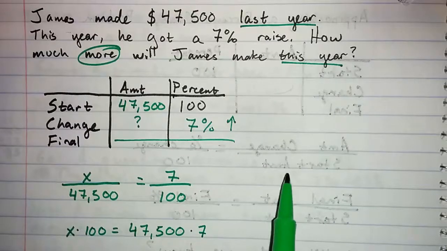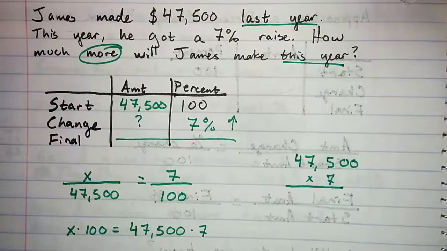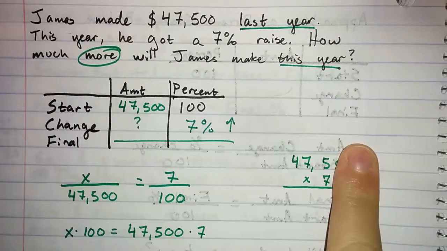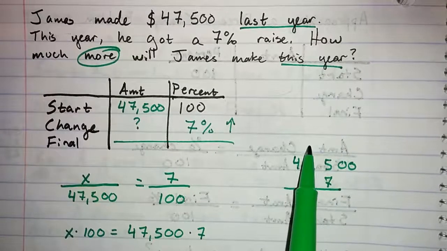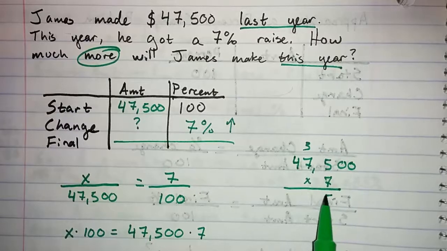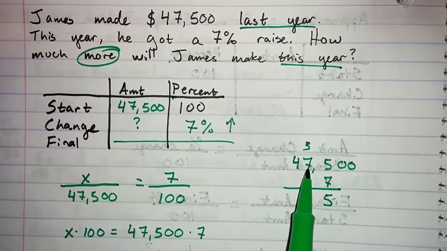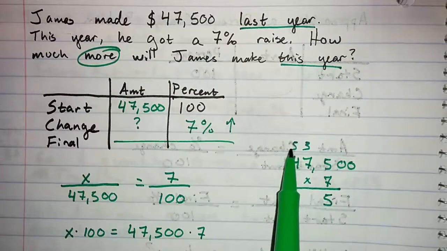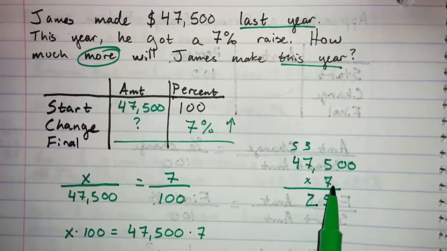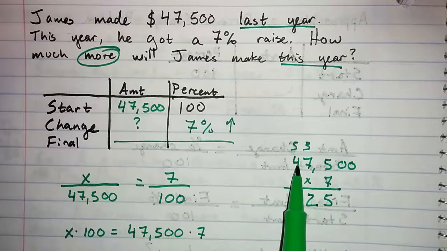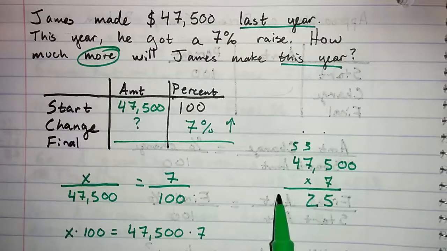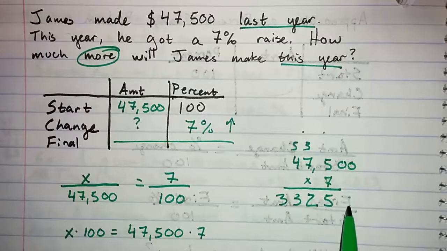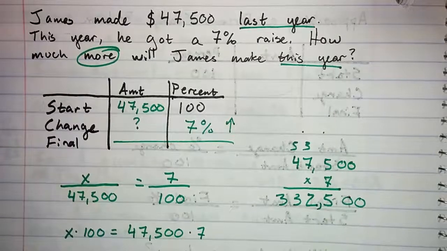Let's do that multiplication. Of course, we're going to do that as 475 times 7 with 2 zeros on the end. 7 times 5 is 35. 7 times 7 is 49, 50, 51, 52. 7 times 4 is 28, 29, 30, 31, 32, 33. 2 zeros on the end.